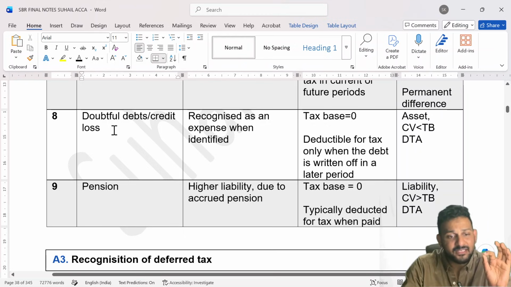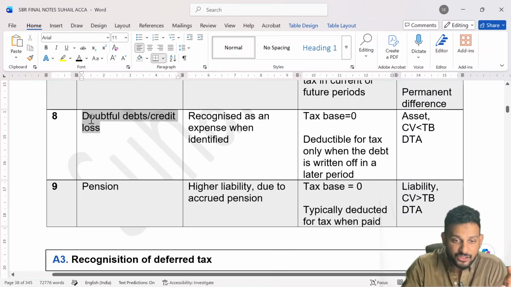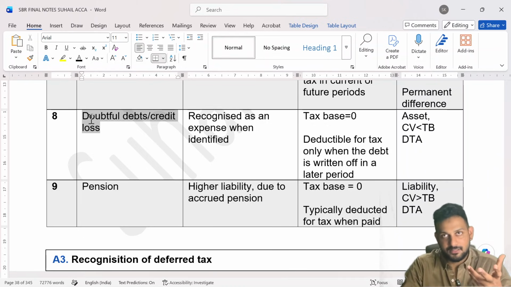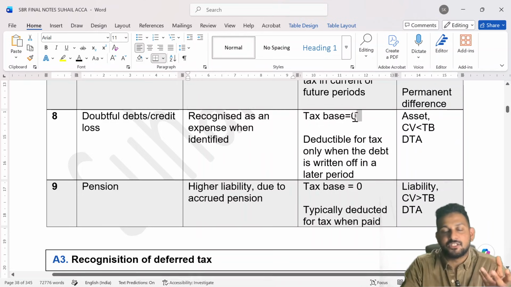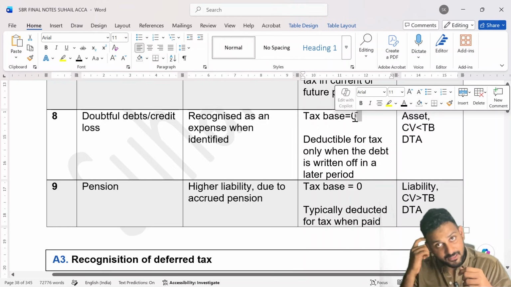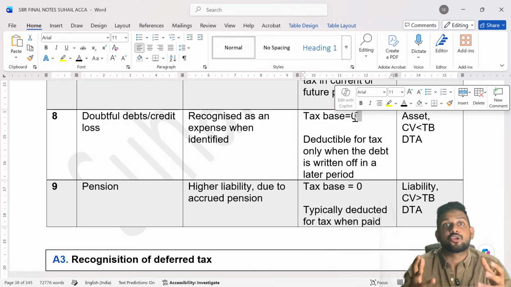When the company is charging doubtful debts or credit loss, it's an expense. So in the books we will be recognizing an expense, but the tax base will be zero. In the tax books, it will be zero. They will not be charging any expenses because it is an accrual expense. It's a non-cash expense. Okay, clear?